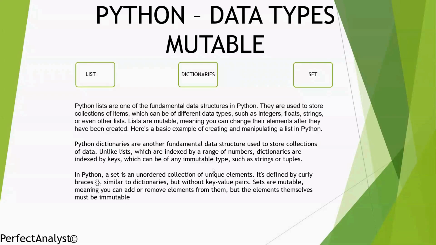And in Python, set is also a mutable data type, defined by curly braces similar to dictionaries, but without any key value pairs. You can add any number of elements within the set, and the elements themselves must be immutable.